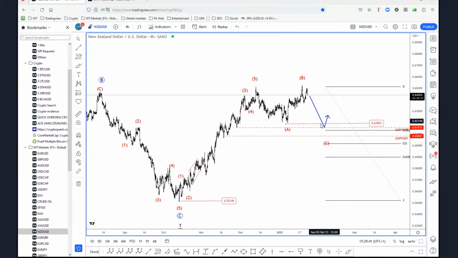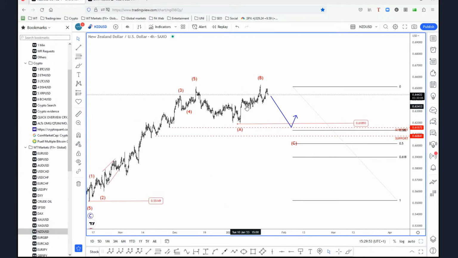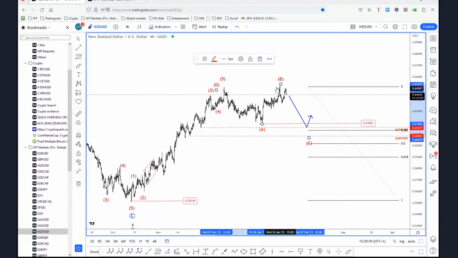Okay, so this is the important support level around the former wave A, because you have a three-wave drop here for a wave A, and notice that the move to a new high was not really impulsive. It was somehow slow, choppy, overlapping. Maybe wave B can still retest the highs, but that's not really an impulsive or motive wave structure. So in my opinion, it can be wave B that belongs to an ongoing complex correction.